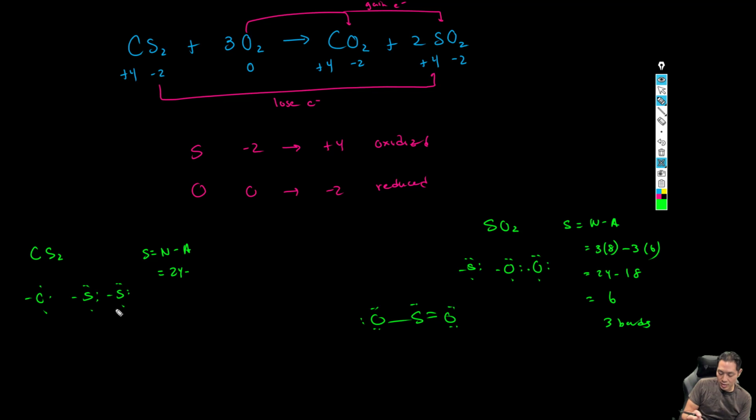Actual is 4 plus 6 plus 6, so that's 10, 16. So when we subtract it, we're going to have 8 shared electrons or 4 bonds. So it will look like this. Yep, so it'll be like that.